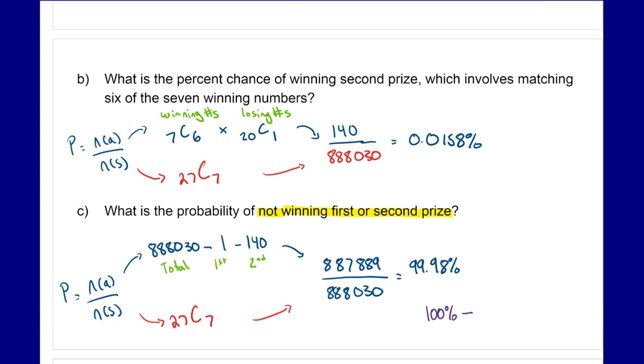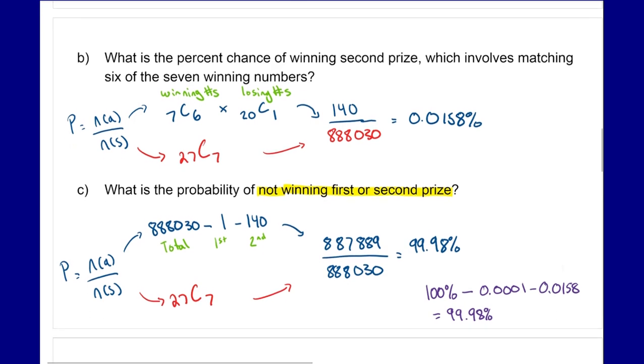So 100 minus first place, which is 0.001 rounded, minus second prize, which we found is 0.0158%. And in the end, this would work out to the same thing, 99.98%. So you could look at just the percent, since we already did that in A and B, or look at it individually by finding the number of successful outcomes and the total number of outcomes. So again, different ways to solve.